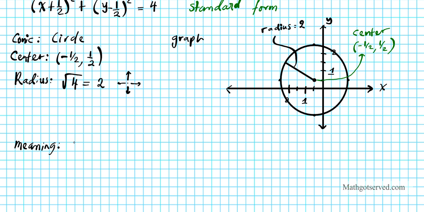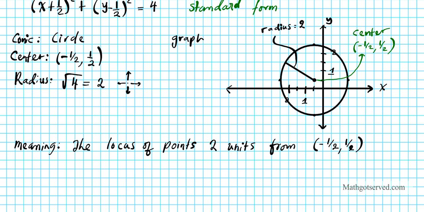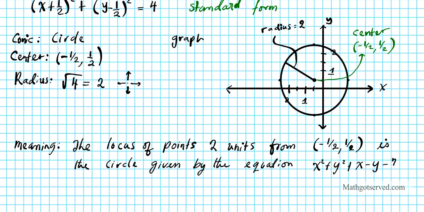So basically, this result means that the locus of points 2 units from negative 1/2 and 1/2, which is the center, is the circle given by the equation x squared plus y squared plus x minus y minus 7 over 2 equals 0. Okay? So there you have it.